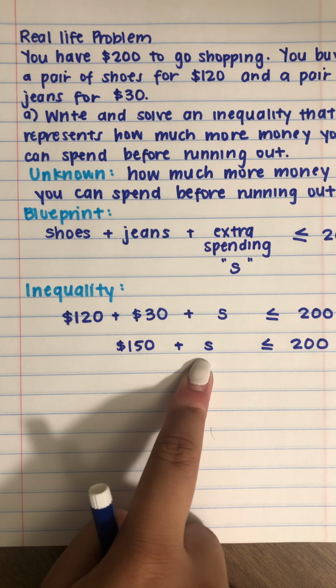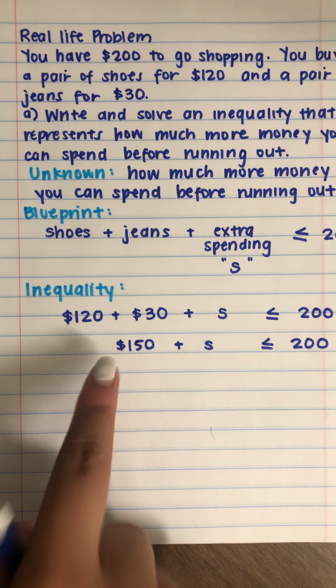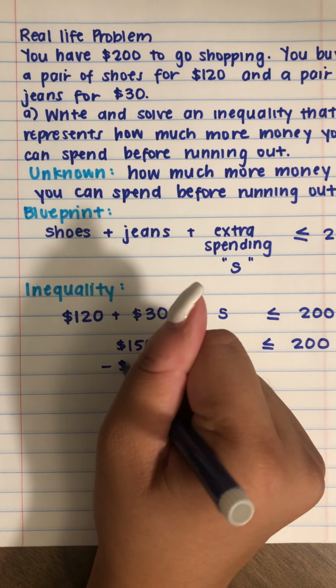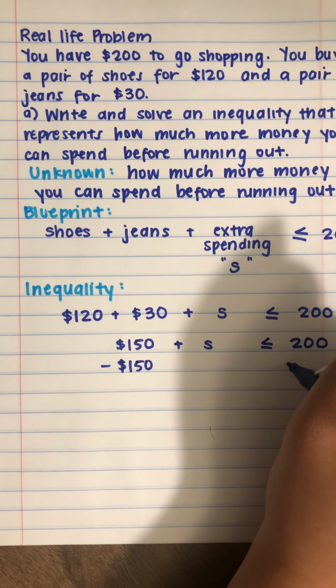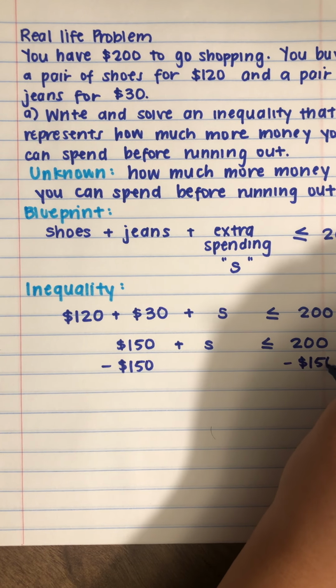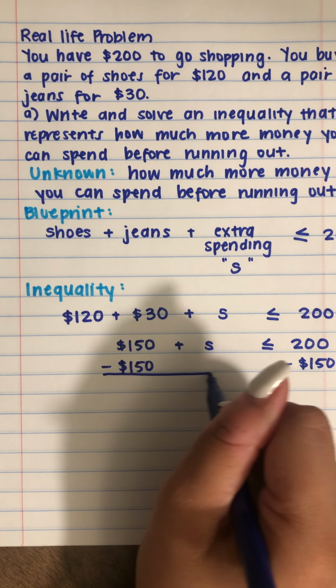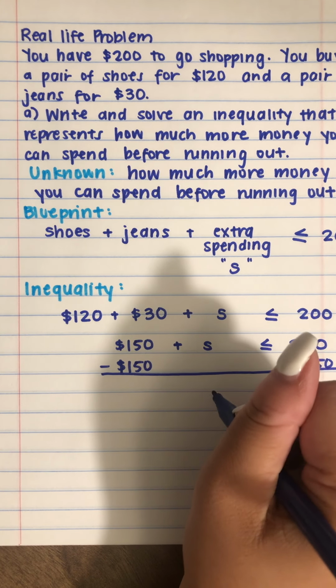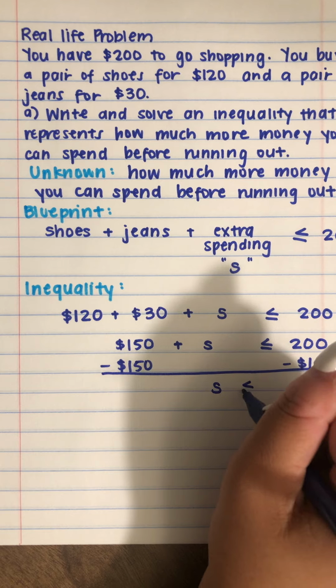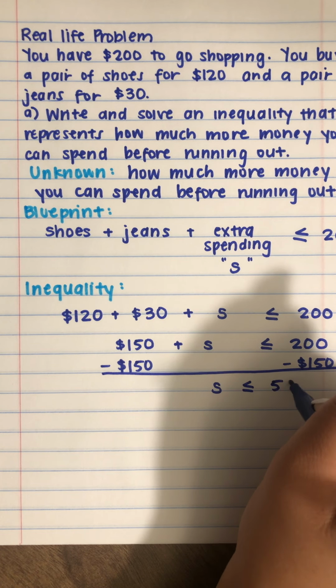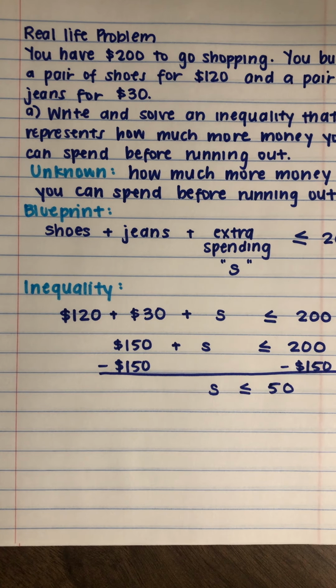Again, let's isolate our S by subtracting 150 from both sides. And that's going to leave us with S is less than or equal to $50.